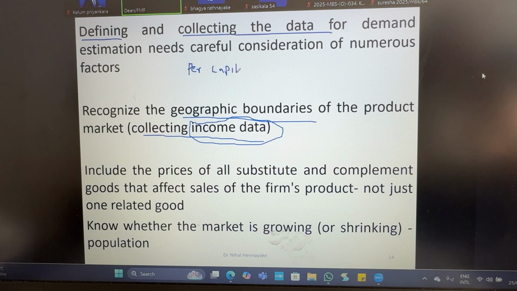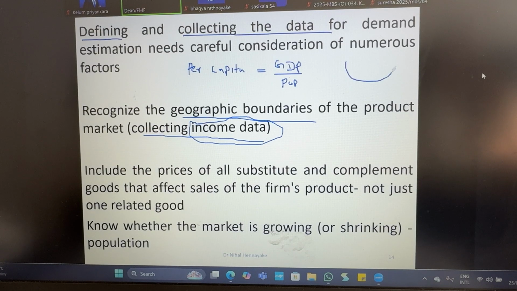Per capita income is equal to GDP, the gross domestic product or income, divided by mid-year population. This is not fair for each and every person. This is an average figure. So maybe Colombo people get more than Monaragala people.